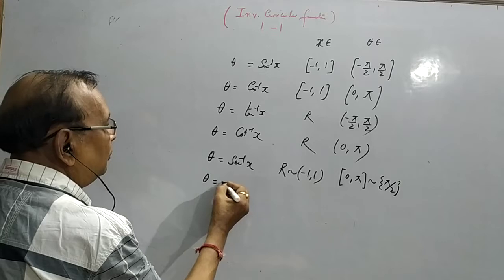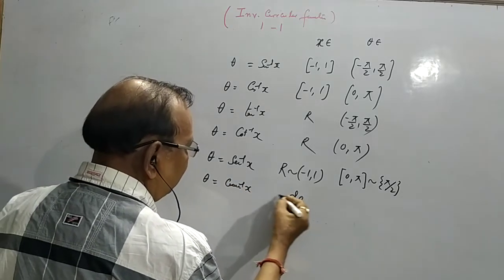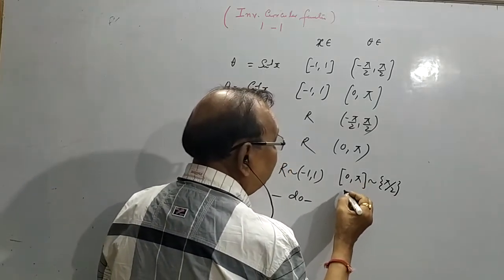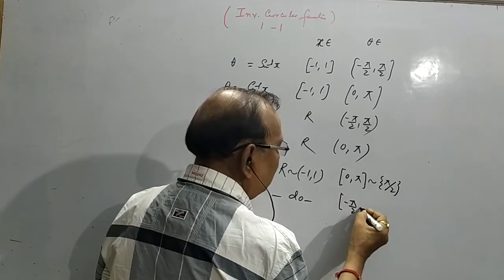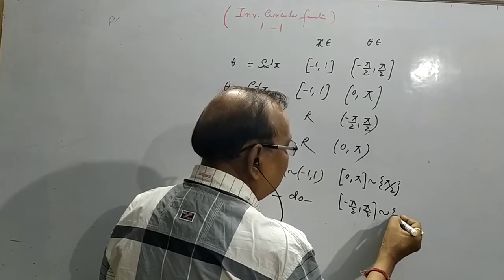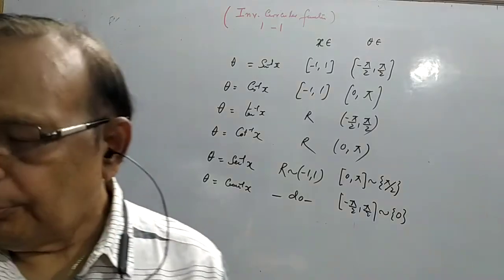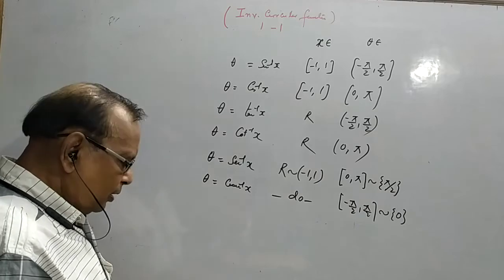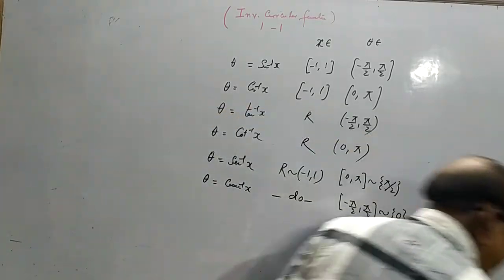Theta is equal to cosec inverse x, again real values excluding minus 1 to 1, and theta lies between minus pi by 2 to pi by 2, excluding 0, as there is no definition. You must have all these 6 answers on your fingertips, as they will be counted in future.